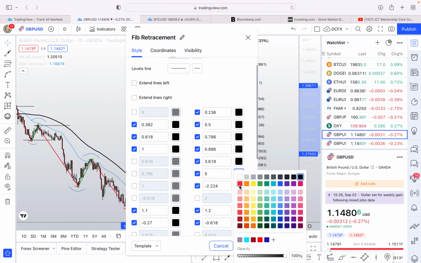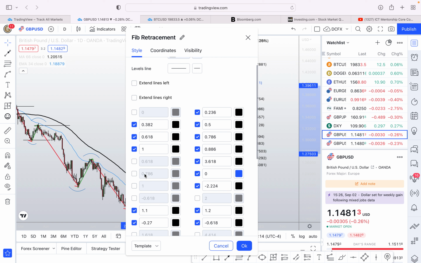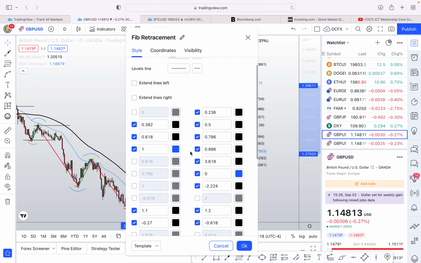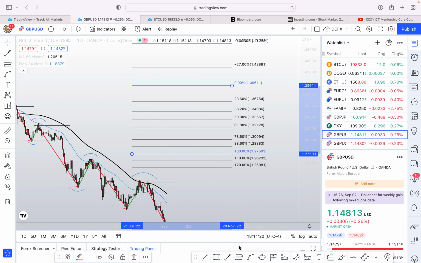However, we will highlight a couple things, just so that we understand a couple things here.